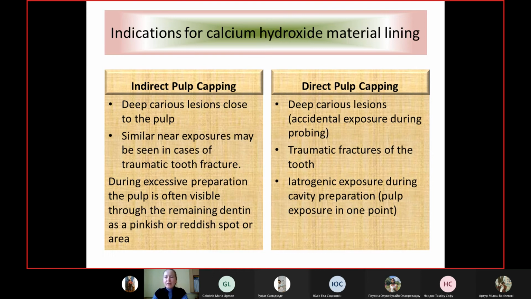Direct pulp capping is the technique of laying calcium hydroxide material above exposed pulp horns. These situations are accidental exposure of the pulp chamber during probing in the case of deep carious lesions, traumatic fractures of the tooth, or iatrogenic exposures during cavity preparation. In this way, there will be pulp exposure at one point.